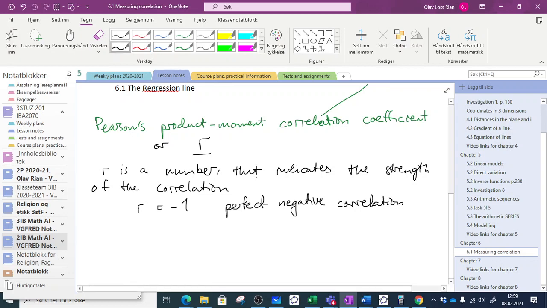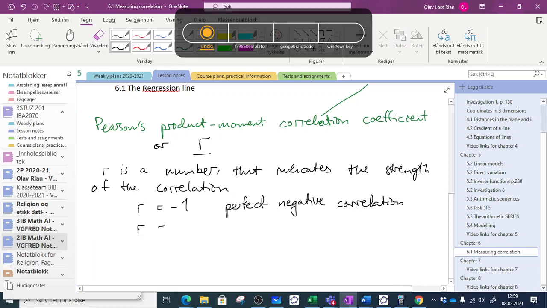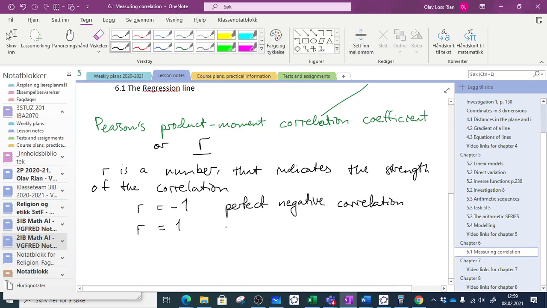Okay, yeah. So R indicates the strength of the correlation. If R is equal to 1, we have perfect positive correlation. And this is a common mistake that students make: if they see that the correlation is negative or the R value is negative, close to -1, they might think that this is a weak correlation, but it's actually very strong.